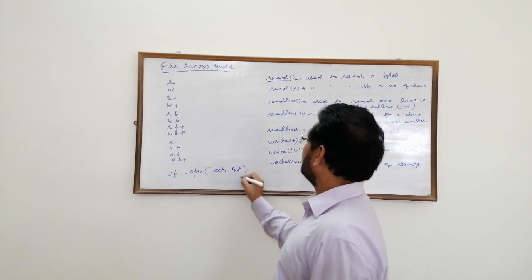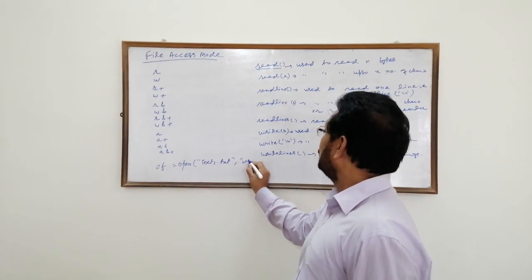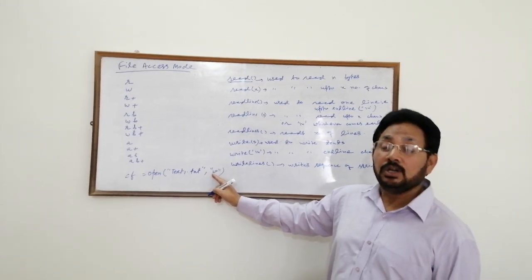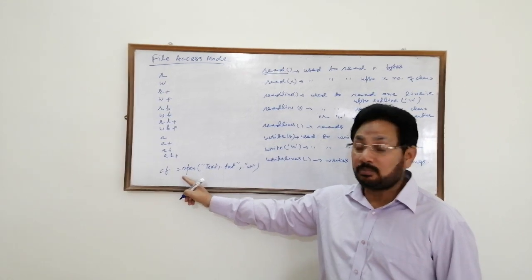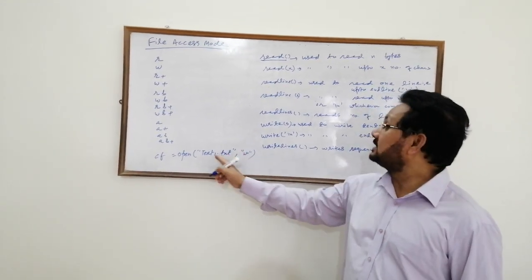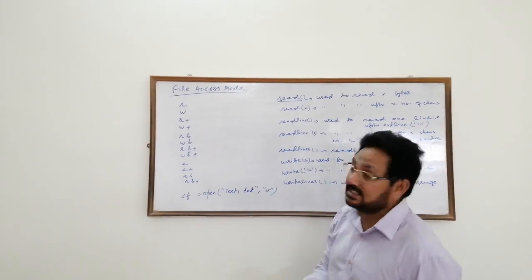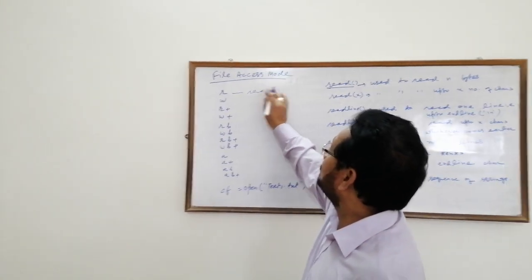This is the name of the file, and then here I am writing W. Now what is the meaning of W here? W is a mode, which means write. That means the file is open to write data, and that is a text file. Now there are different types of file access modes. R, that is read mode.